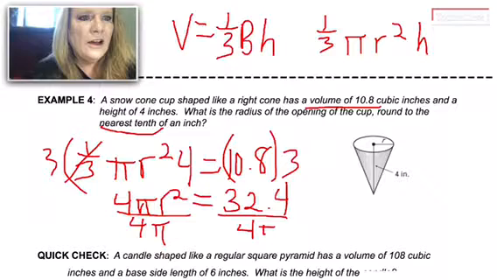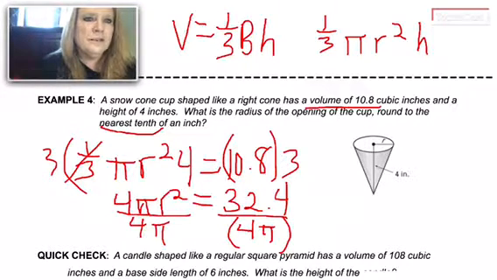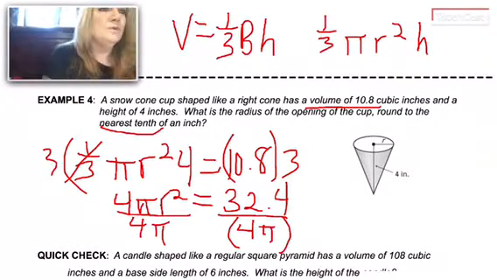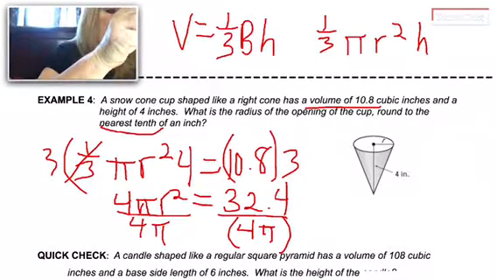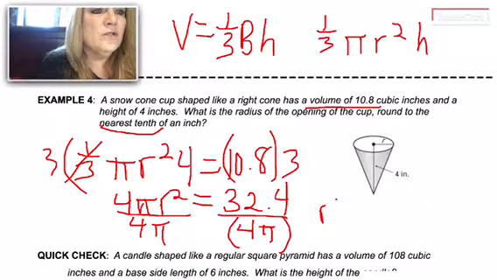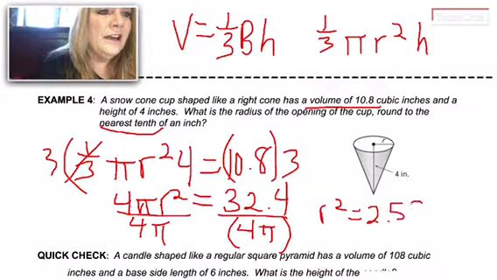If you're using your calculator, be very careful and put that in parentheses when you divide, or else you'll make a mistake. So 32.4 divided by parentheses 4 pi, and I get 2.58. So r squared is equal to 2.58.